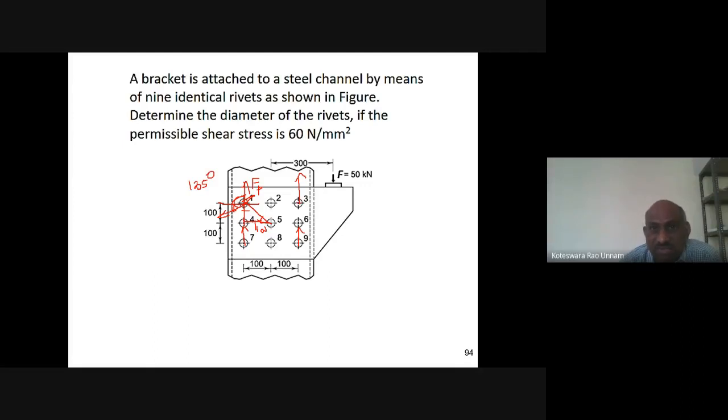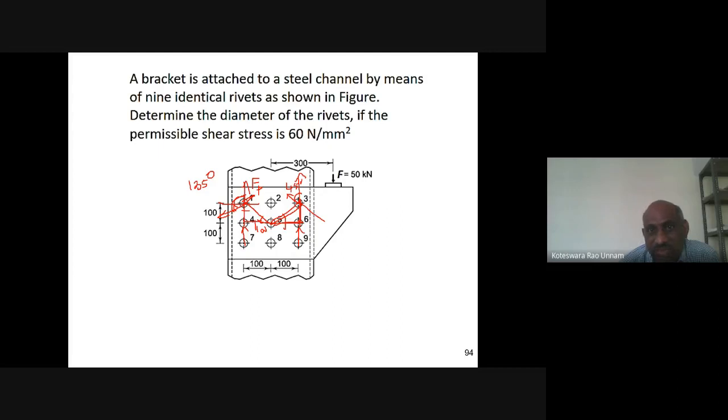Similarly, for the third rivet, in order to identify the direction, I need to draw a perpendicular to the line joining the rivet 5 center to the rivet 3 center. The movement has to be in an anti-clockwise direction, so I need to take it something like this. Here this angle is 45 degrees, because this distance is 100 and this distance is 100.